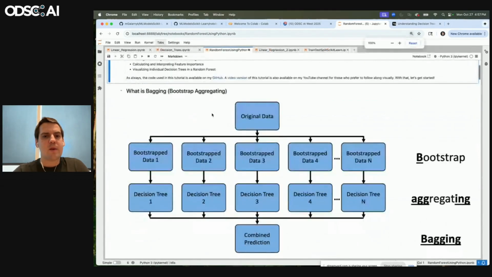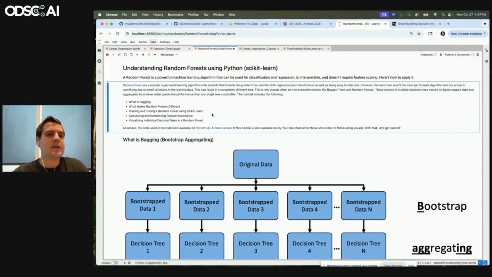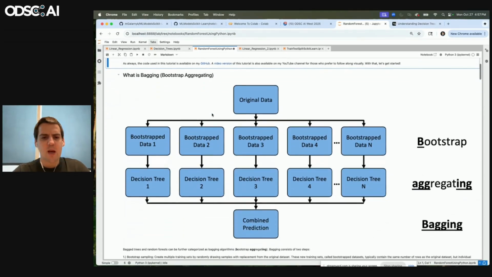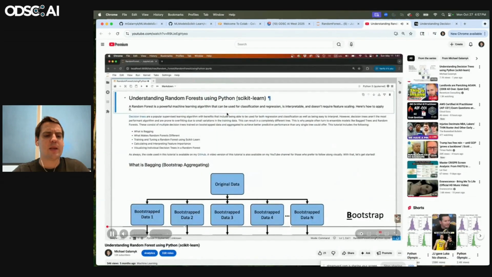We'll introduce a bit of theory, which is why I call this notebook from theory to application. There's quite a bit of theory, so let's try to make it relatively simple. I also made a video version of this, by the way, in case you want to go through it in a lot of detail.